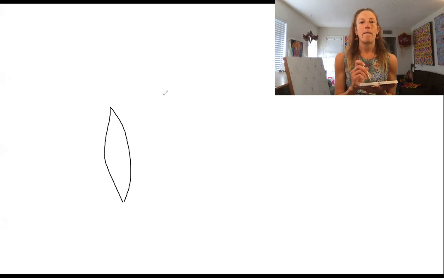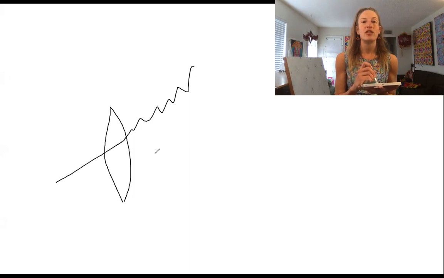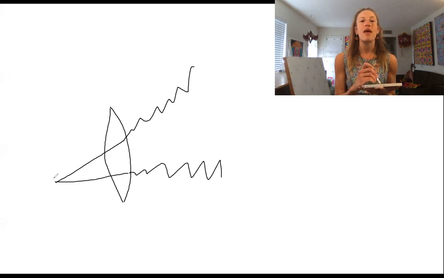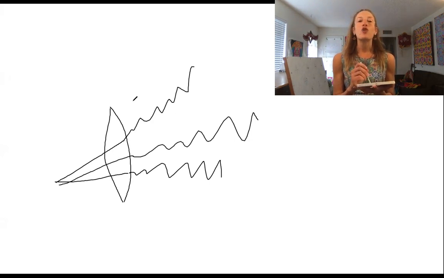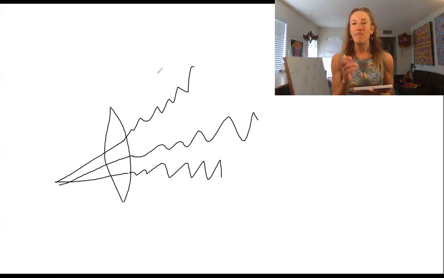And when light waves come through the lens, they get bent. They get changed in their trajectory. So here's a bunch of crazy old light waves, but when they hit the lens it bends them and makes them all focus on this place. This is kind of like the back of your eyeball. It's a focal point. So what a lens does is it bends light, changes the trajectory of light.